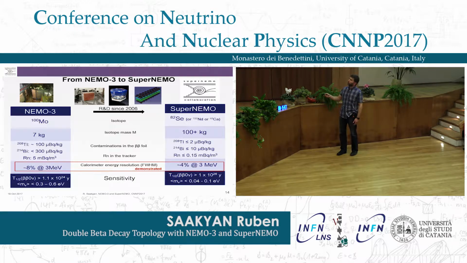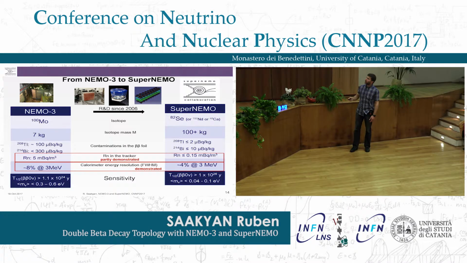And 2 of these tasks have already been, the calorimeter has been demonstrated. I will show you a slide about this. And the second one is partly demonstrated as well, which is one of the most critical tasks. Again, I'll come back to it in a minute.